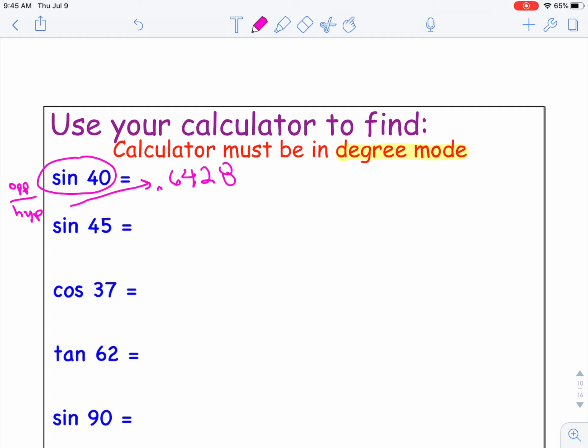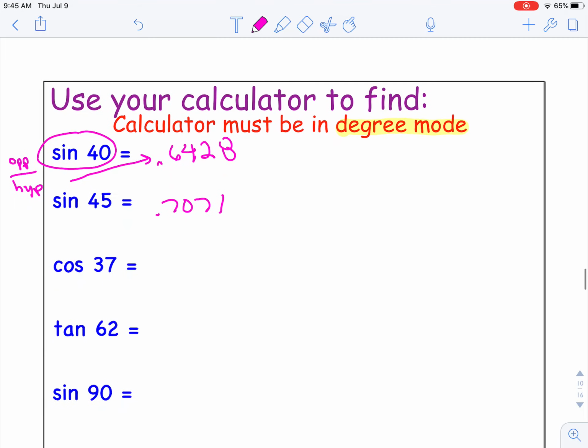So now you try the sine of 45. And again, if you get this correct, you should get 0.7071. Now we're going to try cosine. That's the COS button, and the cosine of 37 gives us 0.7986.